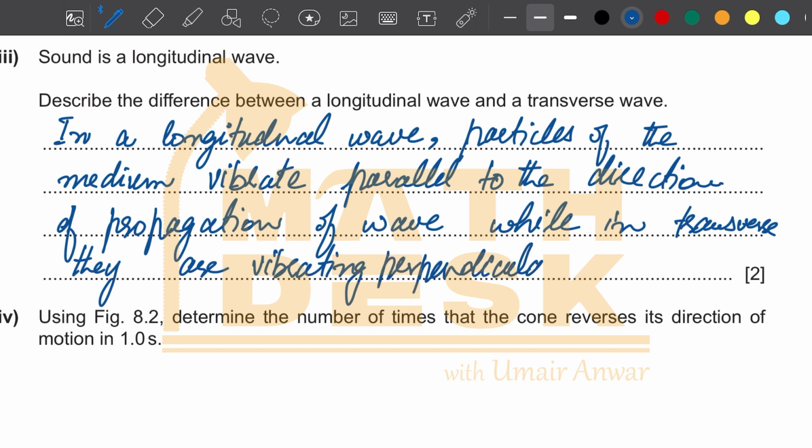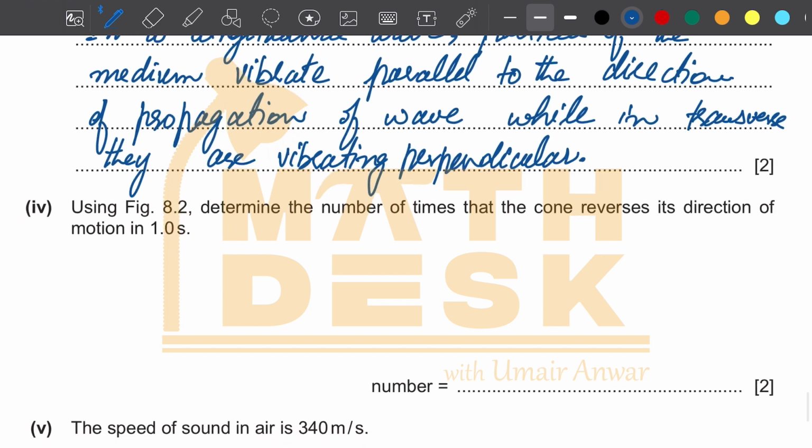So in a transverse wave, particles vibrate perpendicular to the direction of propagation of wave, and in longitudinal, they are parallel.